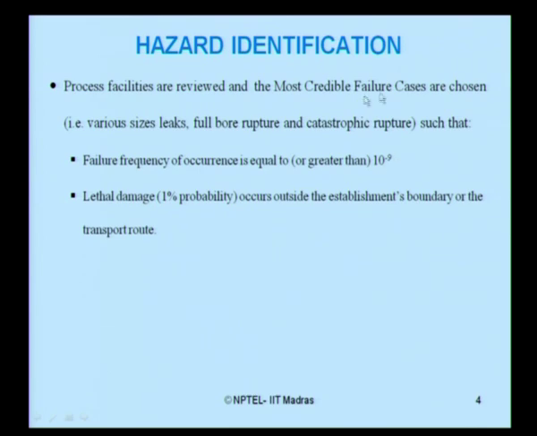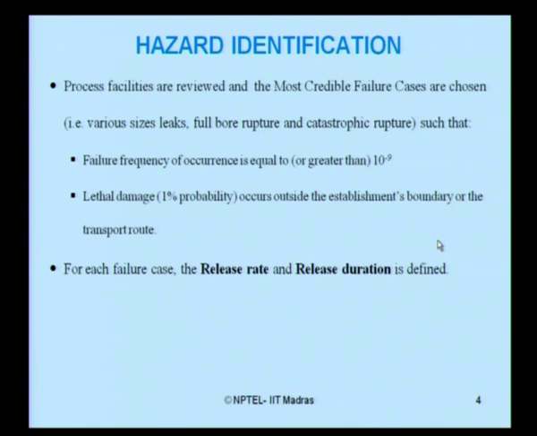Also look for any case which has a lethal damage of 1% probability occurring outside the establishment's boundary or on the transport route, because these two issues are very important and form what we call the most credible failure case in a given problem.